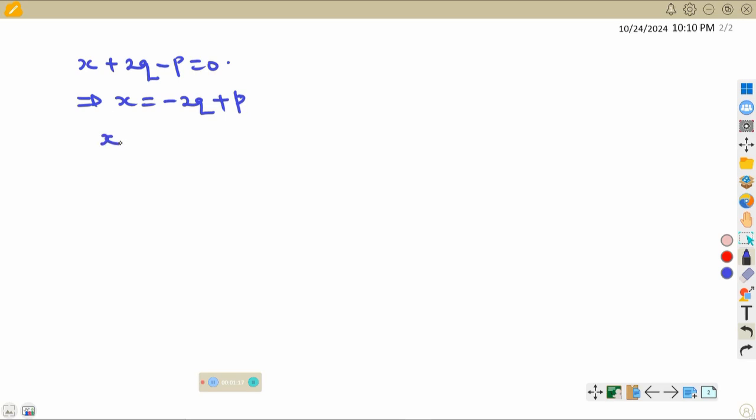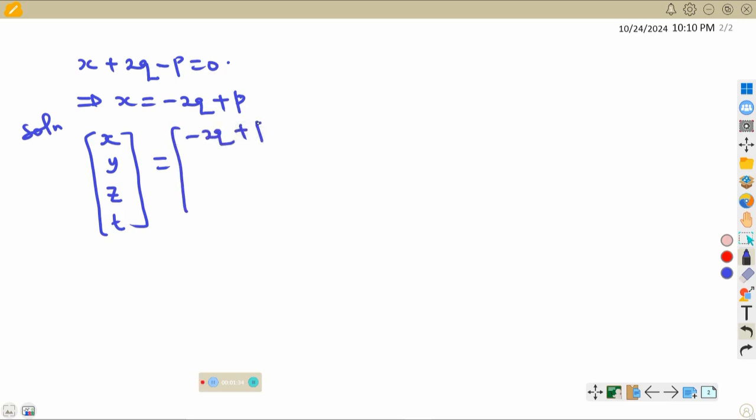So what do we have? We have x, y, z, and t. So let us try to have our solution. This solution will be: x is negative 2q plus p. What is y?